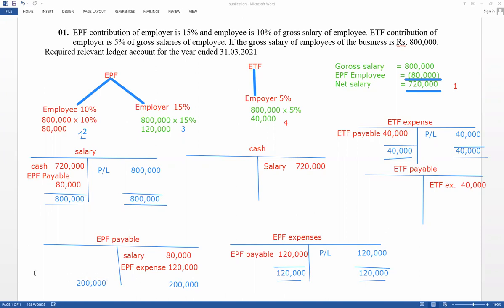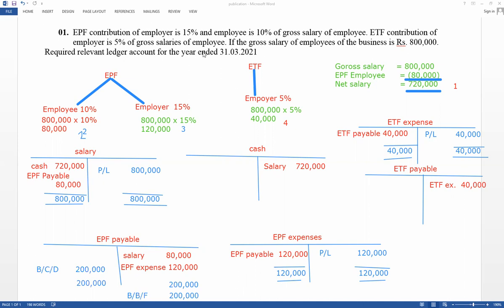Those are liability. Balance carried down should be included as a balance brought forward on the credit side. Any organization, that value should be included under current liability.